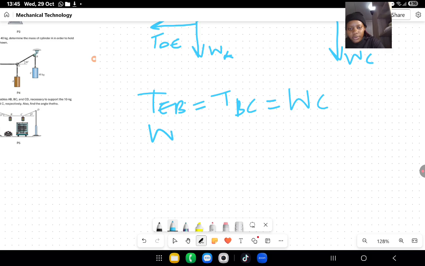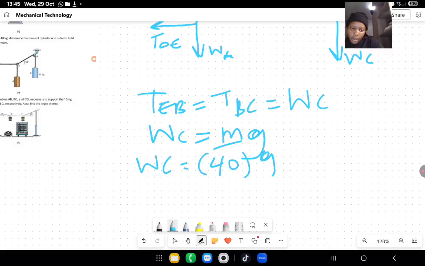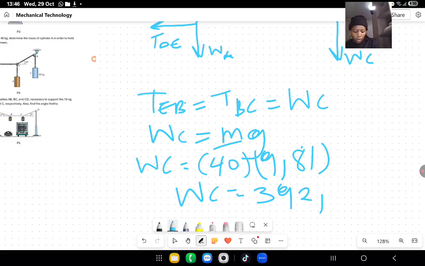So WC equals mg, since we have the mass at C. WC equals 40 times 9.81 equals 392.4.